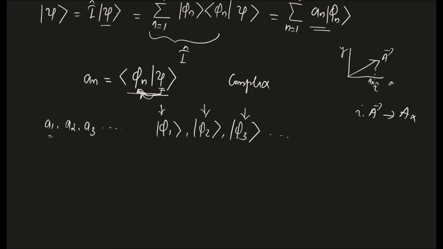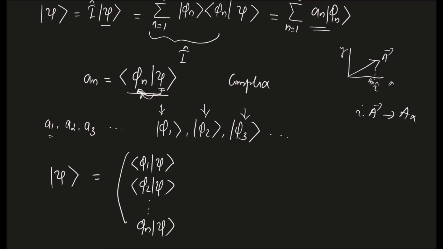So psi can be represented by a column vector which has a countably infinite number of components. In vector form, the ket vector psi can be written using the coefficients: the projection of psi along phi 1, psi along phi 2, etc.